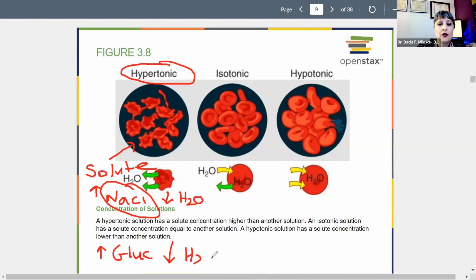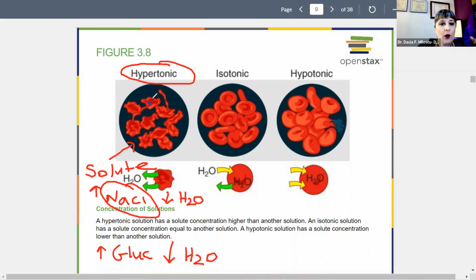Now we're going to track the movement of water, which is osmosis. The concept of osmosis is movement of water from a higher concentration to a lower concentration down the concentration gradient. What we're going to look at here is the movement of water.